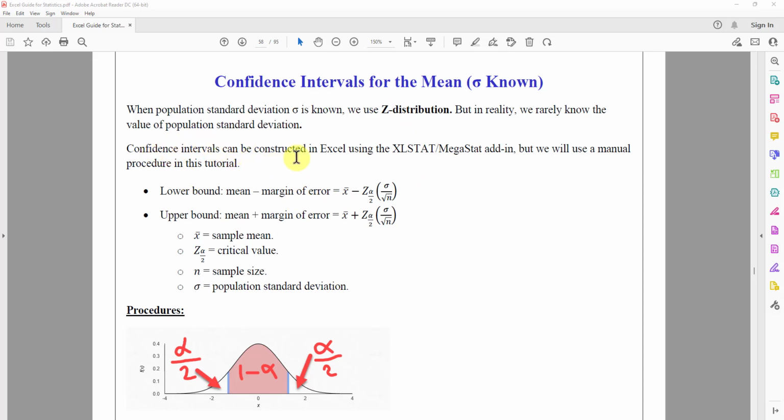Confidence intervals can be constructed in Excel using the XLSTAT or the MegaStat add-in, but we will use a manual procedure in this tutorial.